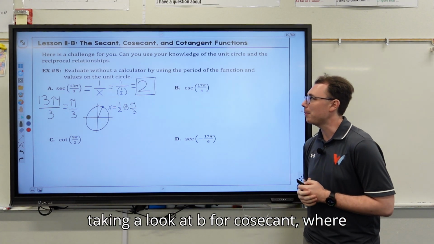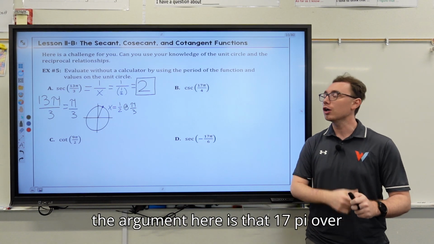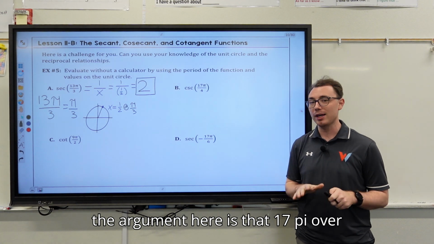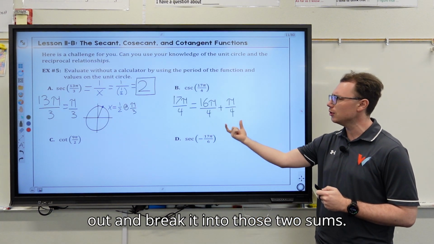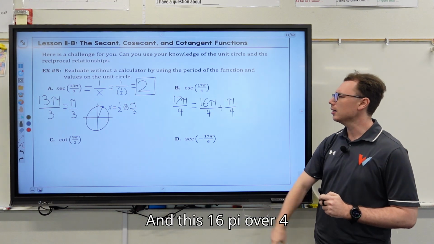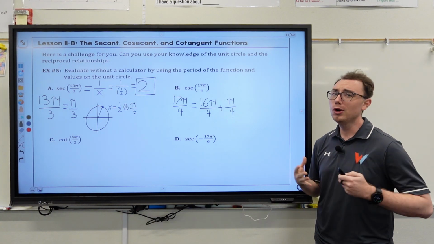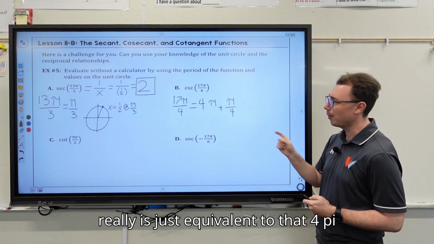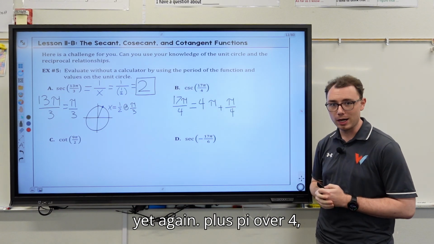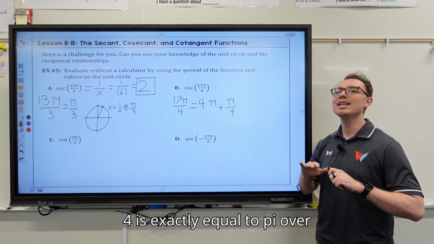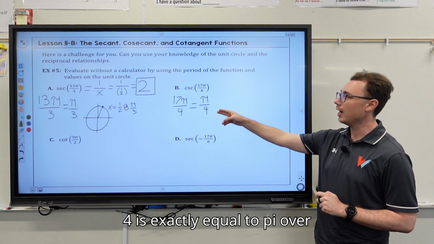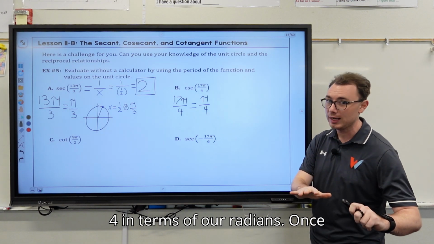We're now taking a look at part B for cosecant, where the argument is 17 pi over 4. The first step is to break it into two sums. This 16 pi over 4 is just equivalent to 4 pi yet again, plus pi over 4. And we can state that 17 pi over 4 is exactly equal to pi over 4 in terms of radians.